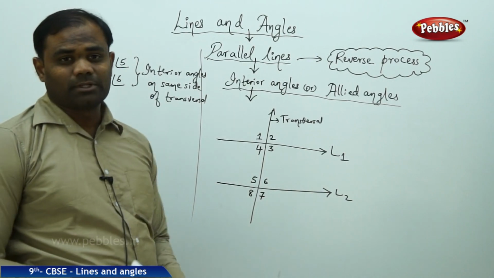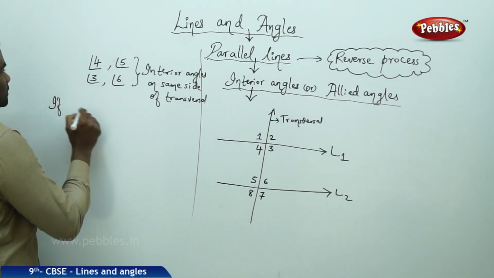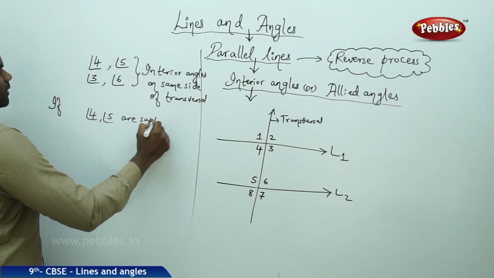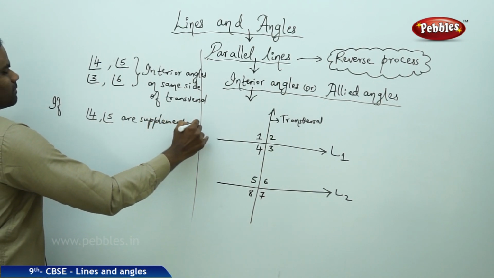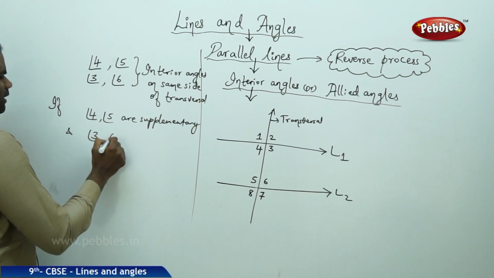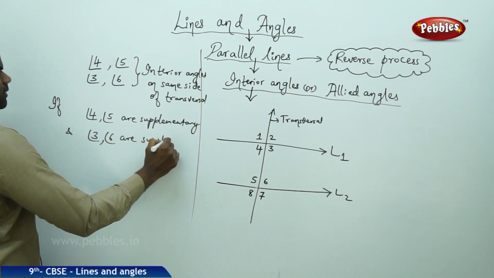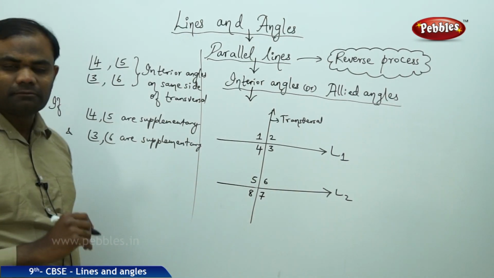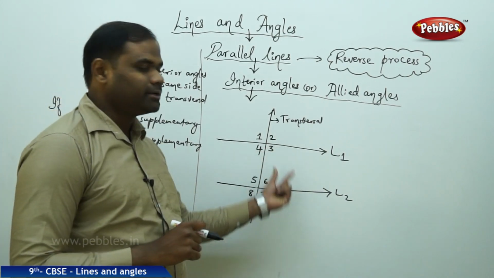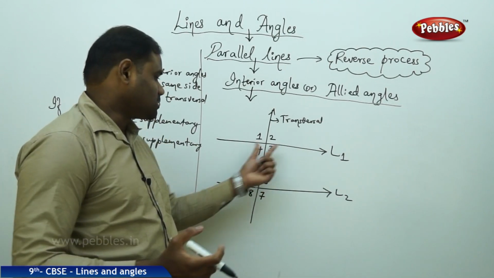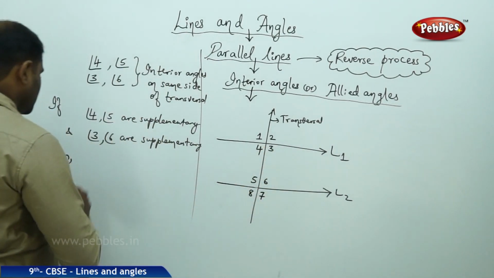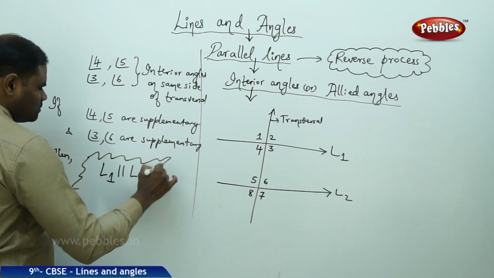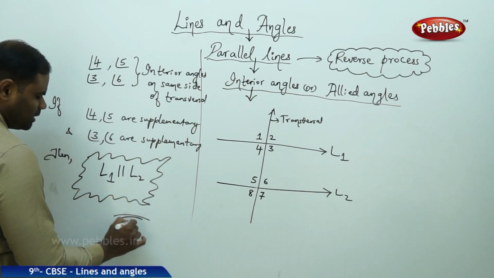So let's see with the property that if angle 4 and angle 5 are supplementary and angle 3 and angle 6 are supplementary, then the reverse process says that given the condition that interior angles on the same side of the transversal are supplementary, or the sum is 180, then L1 must be parallel to L2, is how the condition states parallelity.